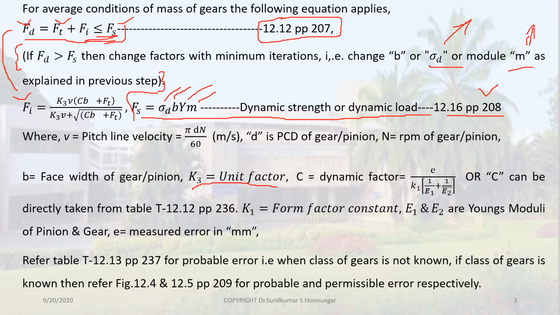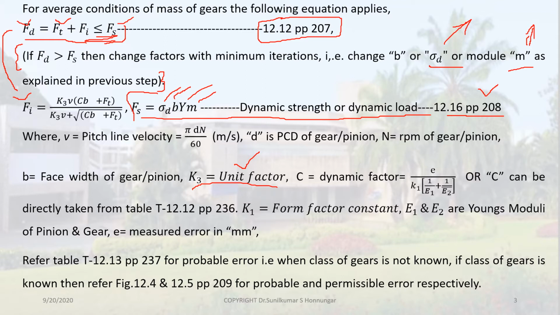K3 is a unit factor. For SI units, the value is 20.67. Do refer; for MKS there is one more value. Since we are referring only to SI units, you have to be very cautious and take the corresponding K3.